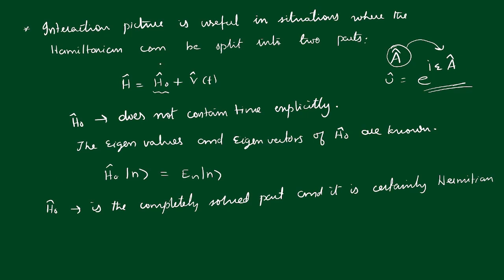So H0 is a Hermitian operator, and clearly it generates its own unitary transformation. That's our premise. We don't know what it is, but we'll use it.